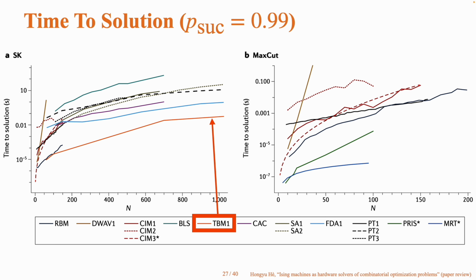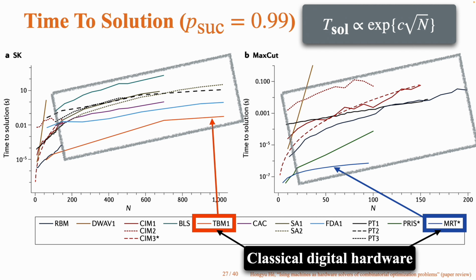We can see the traditional digital implementation still wins, achieving the lowest time to solution, and this applies to the max cut problem as well. We also have other digital implementations around the same ballpark. They are scaling around the logarithmic, the square root of the instance size with a fitting parameter c.